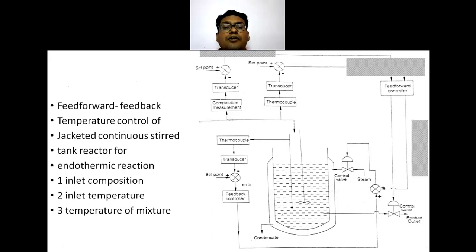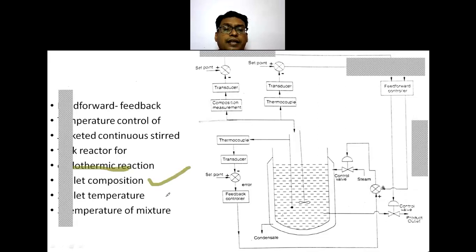The next is feed forward feedback temperature control of a jacketed continuous stir tank reactor for endothermic reactions. Now it is the endothermic reaction that is coming into the picture. Here we are measuring the inlet composition and the inlet temperature.